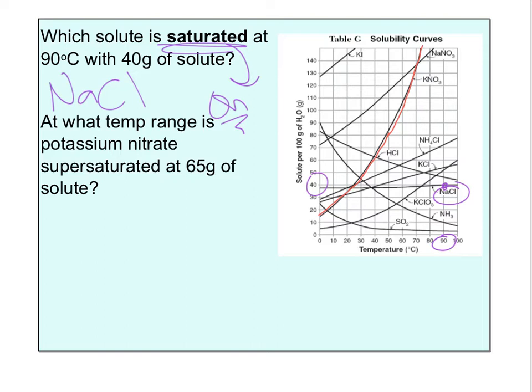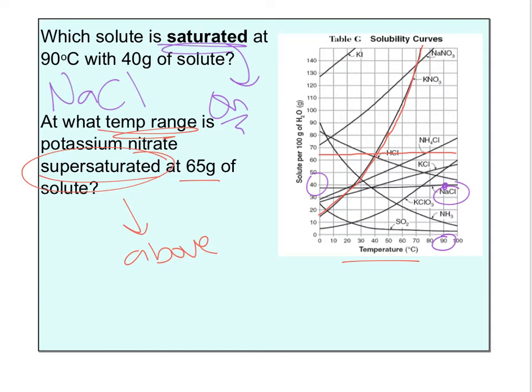It's asking at what temperature range, so we're looking at a range of temperatures, is it supersaturated at 65 grams of solute. 65 grams of solute looks like it would be right about here, between 70 and 65. And it's saying supersaturated. Again, is that above, on, or below the line? That would be above.